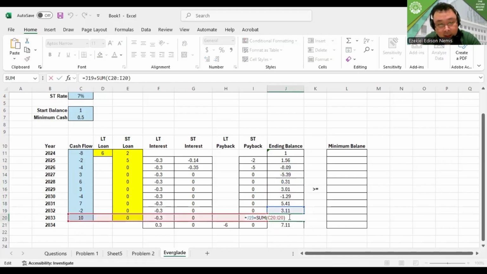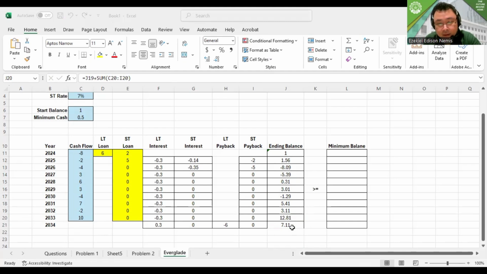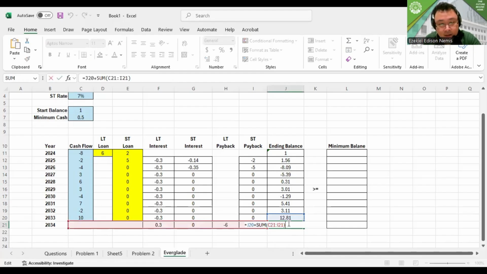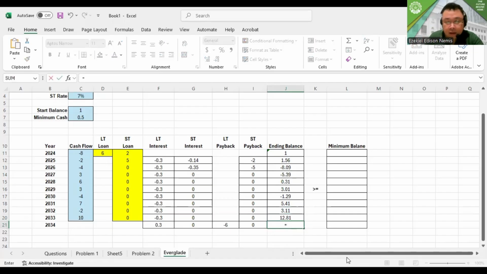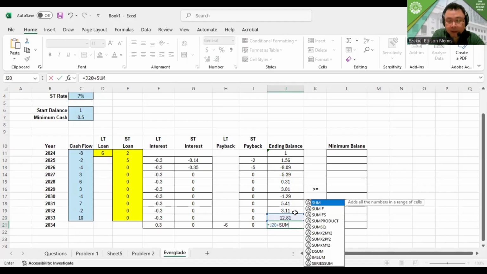Okay? Wait lang, may mali. There's something wrong with the data. Okay, so dito nagkamali. Let me just see it. The formula here is equals, so let's get this one, the starting data, plus sum, open parenthesis.